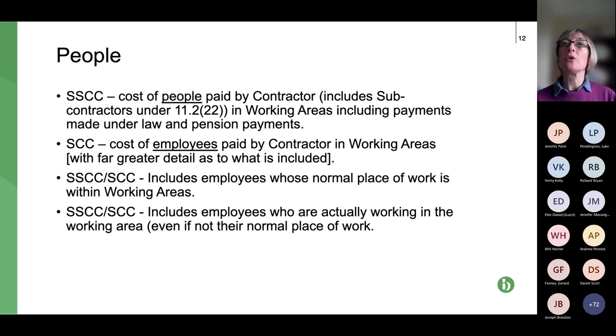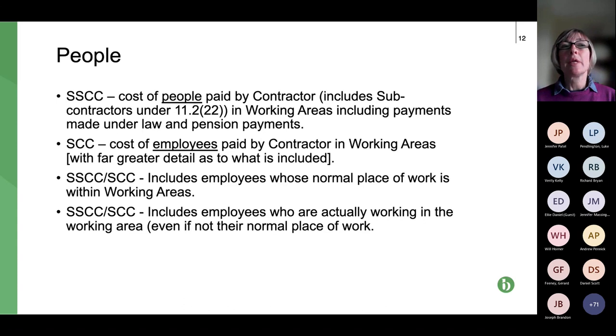Under NEC 4, it's dealt with under the separate heading for subcontractors. So if we're talking about a contract, we're looking at the contractor's employees, agency staff, and, yeah, the agency staff typically will be under a sort of corporate individual companies.